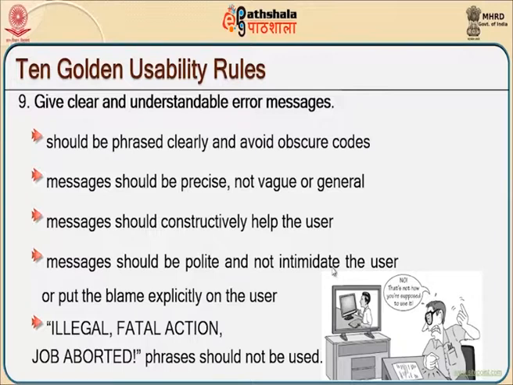Messages should be precise, not vague and general. Messages should be constructive to help the users. Messages should be polite and not intimidate the user or put blame explicitly on the user, saying that you have done wrong. Phrases like illegal, fatal action, job aborted should not be used.